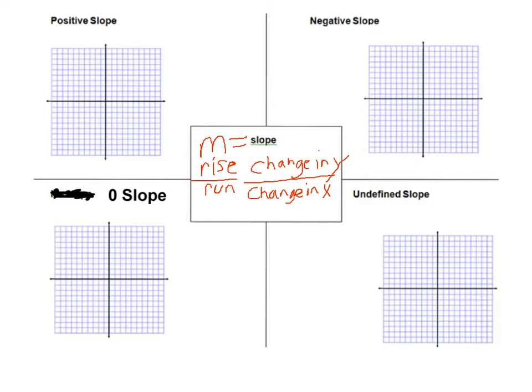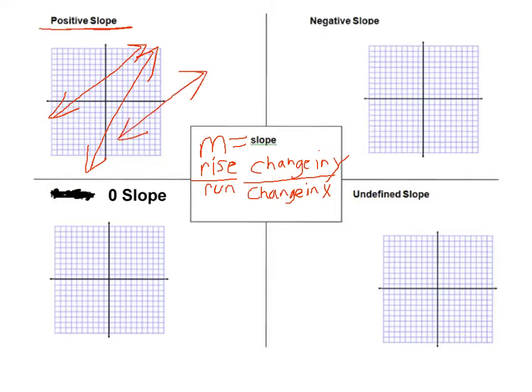Now I'm going to give you a quick reference for what different slopes look like. A line with a positive slope is going to start on the lower left and go to the upper right like that. I'll draw a few examples here. These are all positive slope lines. They start on the lower left and they go to the upper right.